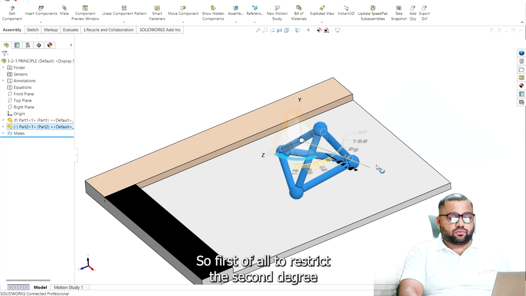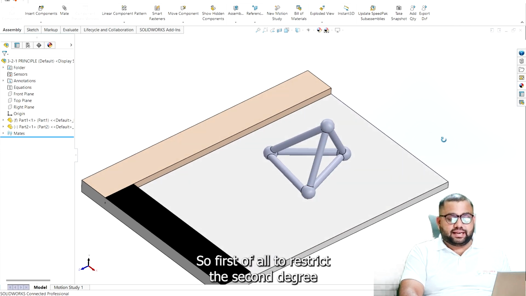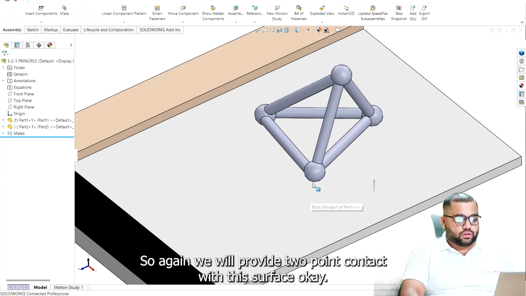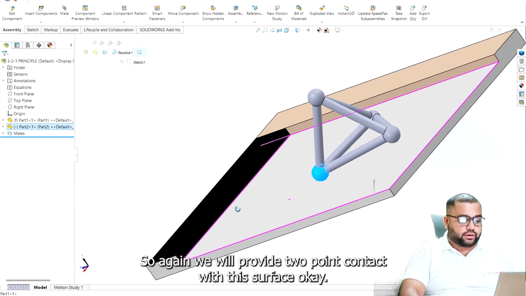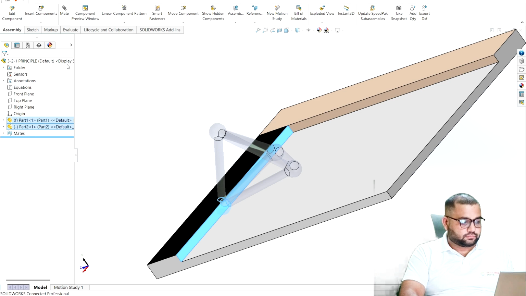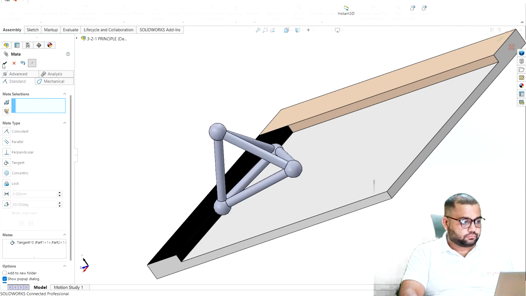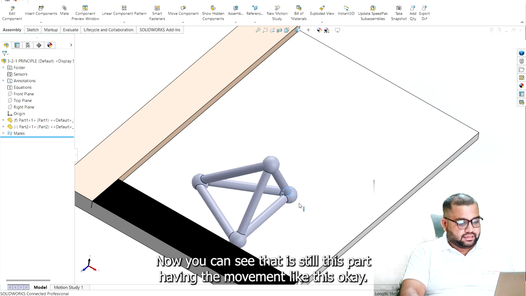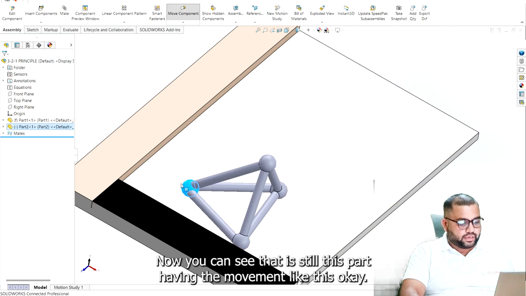So first of all, to restrict the secondary datum, we have to give 2 degrees of freedom. So again, we will provide 2 point contact with this surface. First of all, this. Now you can see that this part still has a movement like this.